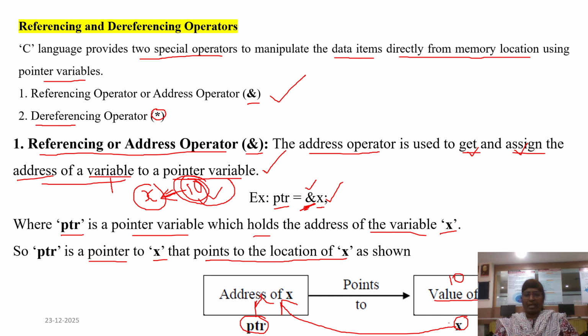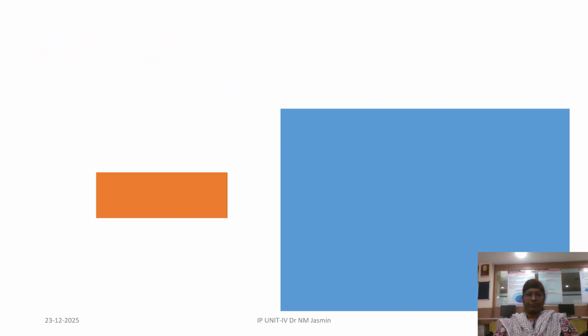Thereby we can say that the pointer is pointing towards the value of this variable.